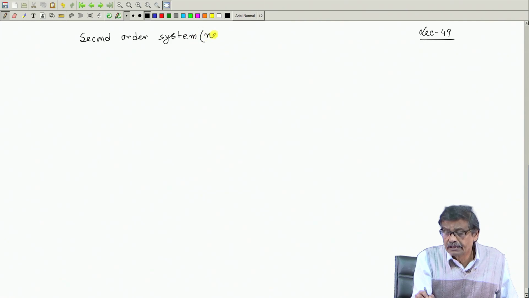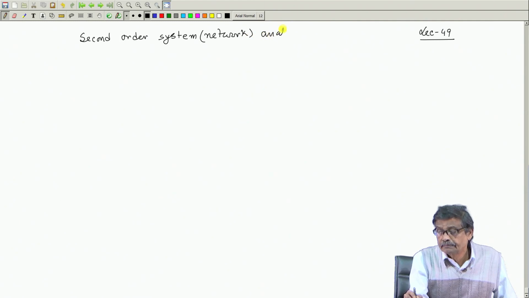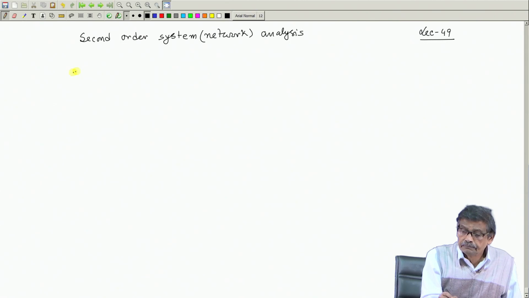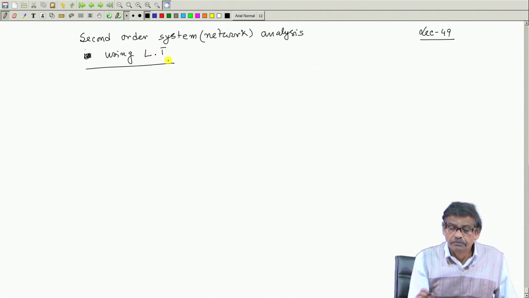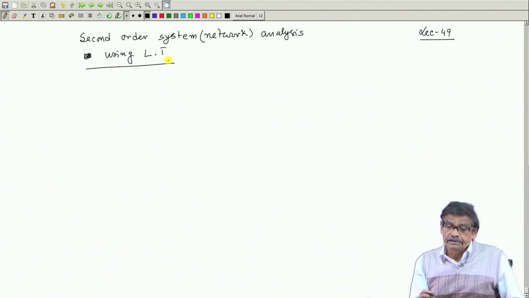System means, in our case, a network: second order network analysis using Laplace transform. That is the thing we will be doing, a general treatment.